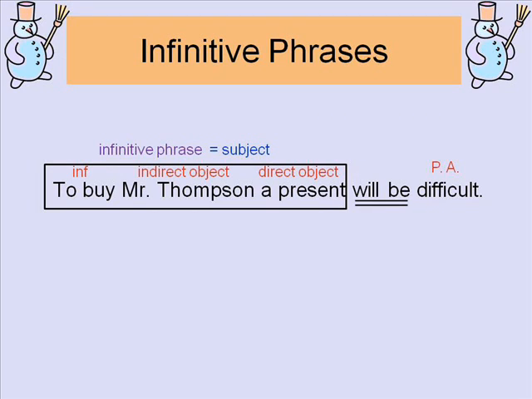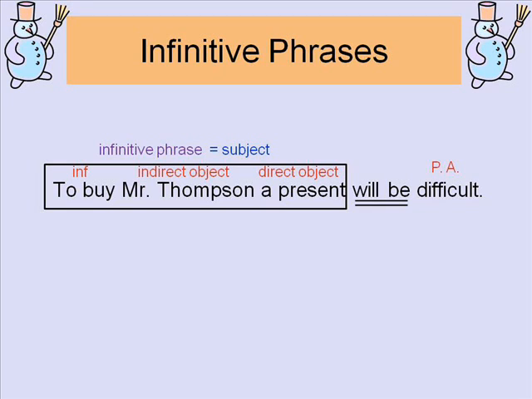Okay, well, let's look at a sentence with an infinitive phrase. To buy Mr. Thompson a present will be difficult. The verb in my sentence is will be, and I have a predicate adjective, difficult. But when you ask the question, what will be? To buy Mr. Thompson a present will be.